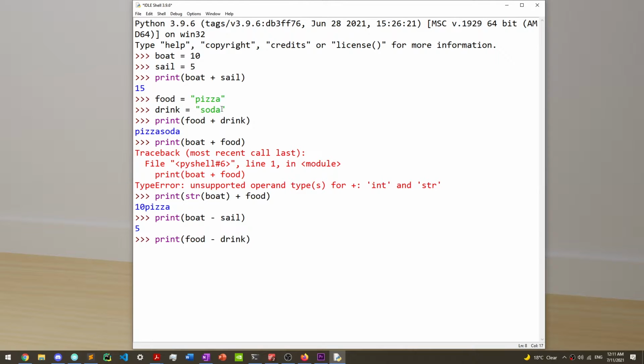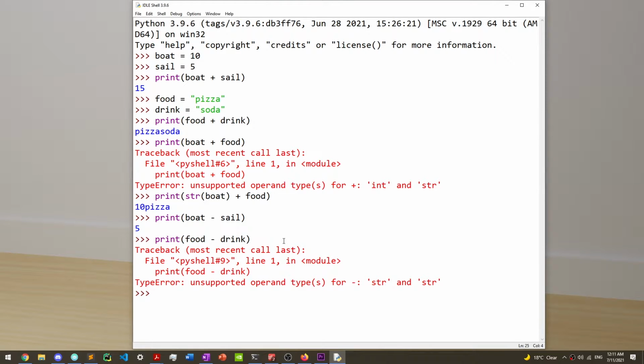We're just combining the two, but subtracting doesn't really make any sense because soda isn't even part of pizza. So what are we subtracting here? And so if we try this, it'll just give us an error because it's an unsupported operand for subtraction for string and string. All right, so that's pretty much the subtraction.